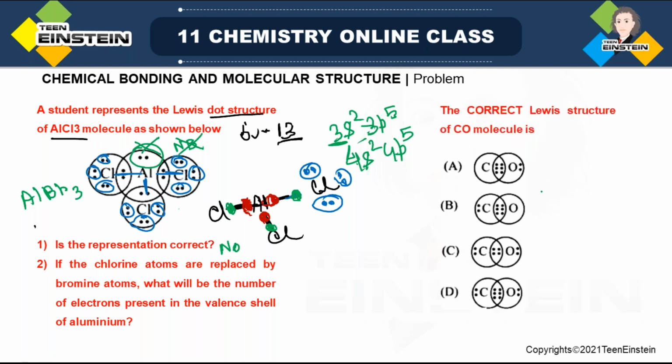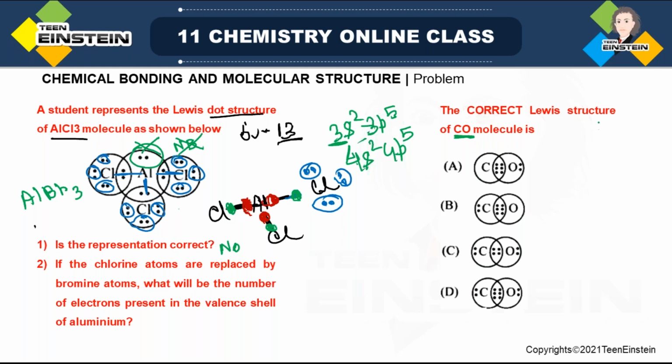Next we have 4 different structures given, for which molecule? Carbon monoxide. Remember, carbon dioxide is an oxide of carbon. Another oxide of carbon is also possible, which is CO, with only one oxygen. Correct Lewis structure for CO. Now how will we do it?